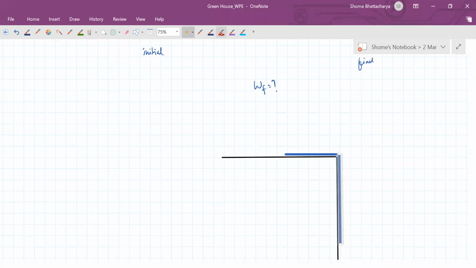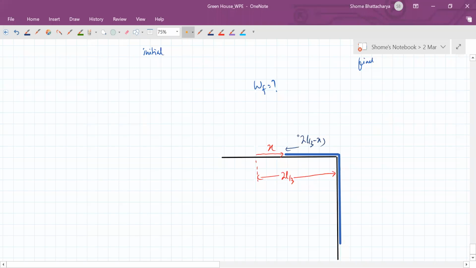What has happened is that from our initial position, this is displaced by x. So this section's length now is this much.